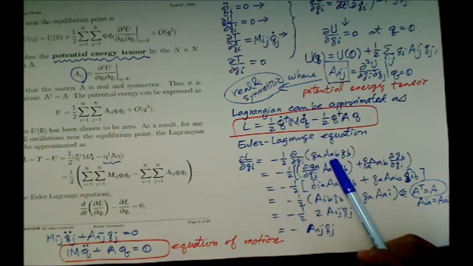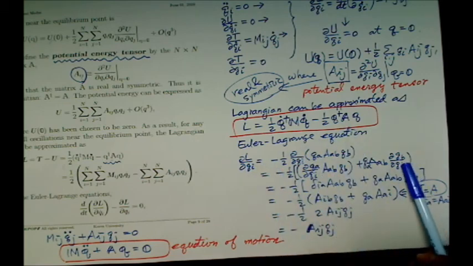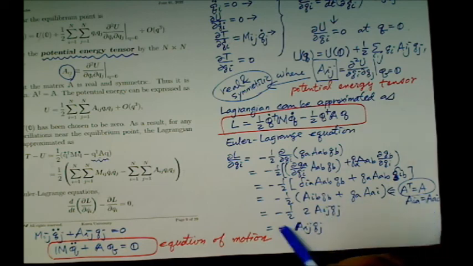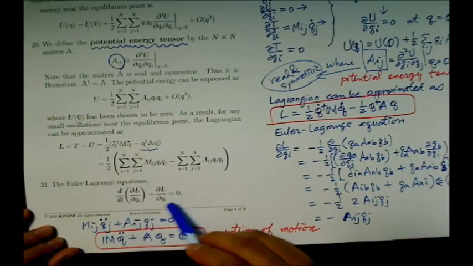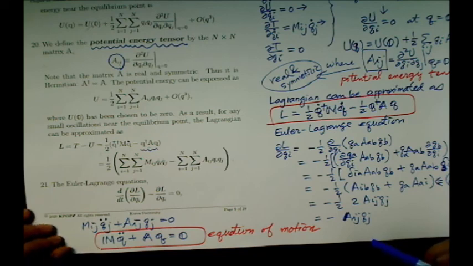The potential energy tensor appears, the derivative gives the first one and the second one, and we apply the symmetry of the symmetric matrix A. So the generalized force can be obtained by multiplying A to the coordinate. As a result, the Euler-Lagrange equation is expressed in this way, in terms of a matrix equation in a more compact way.